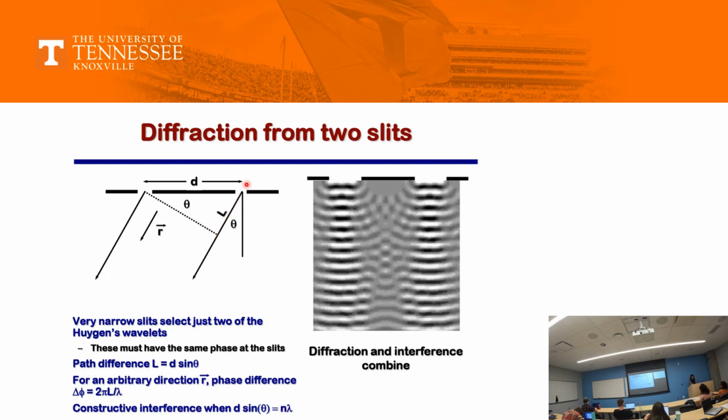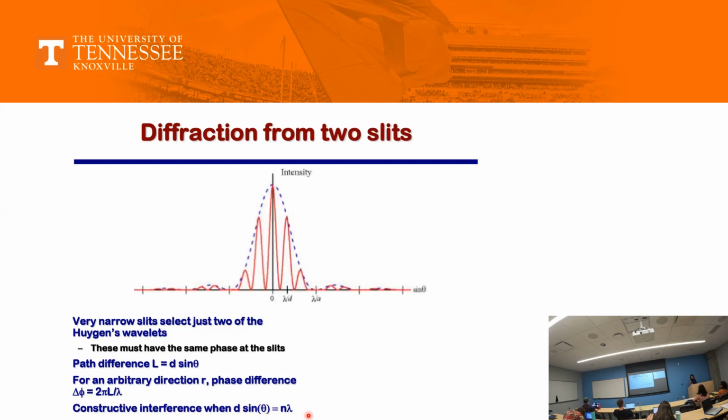This is your L. For an arbitrary direction R, the phase difference would be delta phi equals 2 pi L by lambda. And this is simply coming from your simple angle here, delta theta change. I think it is in the next slide. And constructive interference, we know that it happens when D sine theta equals n lambda. Now, this is the final answer that we get.